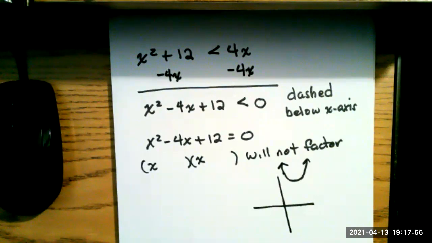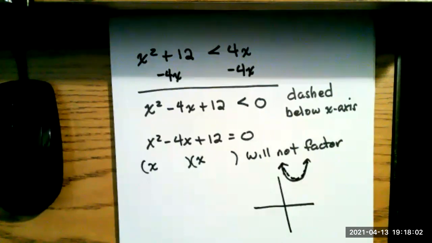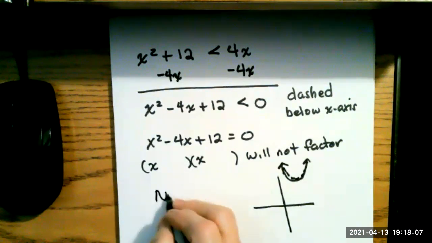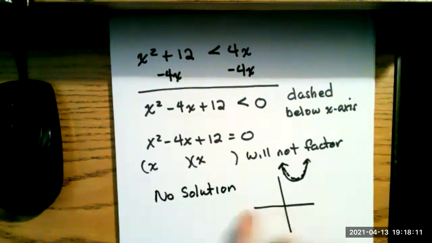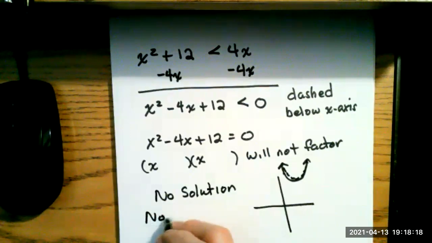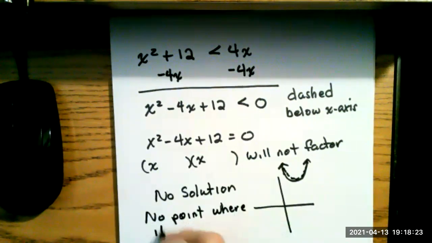No. So it will not factor. I should have dashed that boundary. I always forget. But it doesn't matter anyway because there is no solution to this. It doesn't go down here across the x-axis at all. So there's no point where it is below the x-axis.